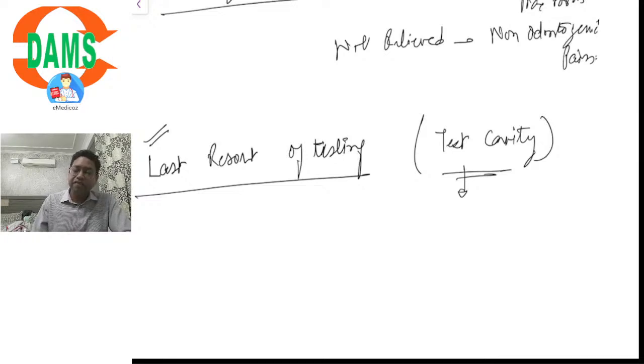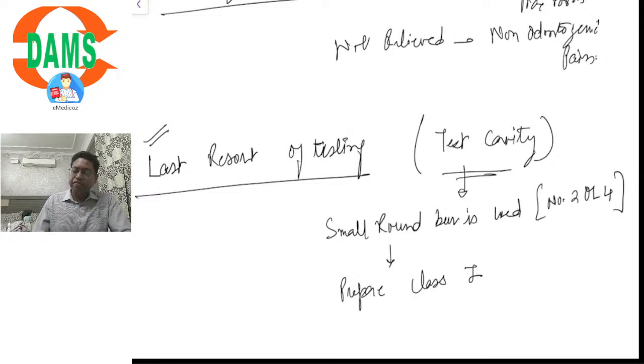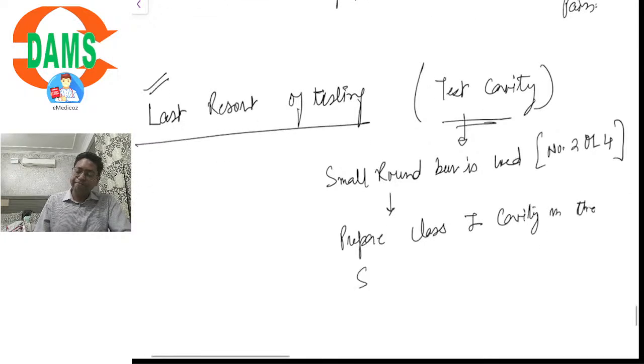As the name indicates, test cavity, a small round burr is used. A small round burr, which can be number 2 or number 4 round burr with a diameter of 0.5 to 1 millimeter, can be used to prepare a class 1 cavity in the suspected tooth.